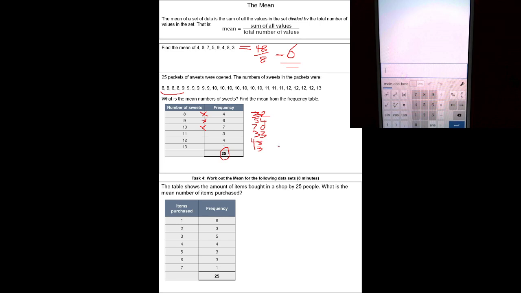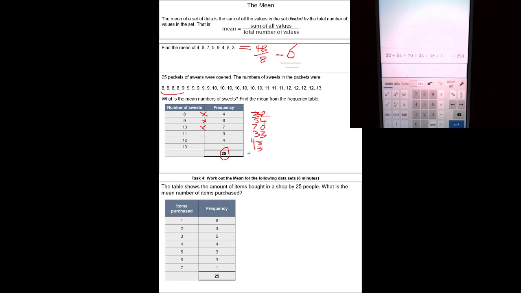So we're going to say 32 plus 54 plus 70. Ooh, 70 plus 33. I could have done this in my head, but I want to show you that it's okay to use calculators. 48 plus 13. 250.